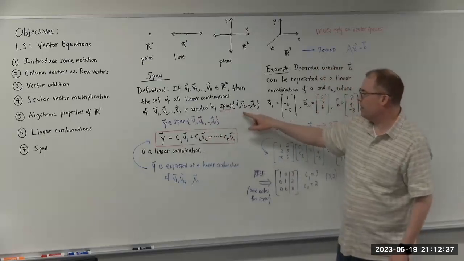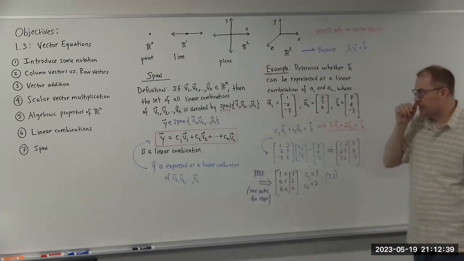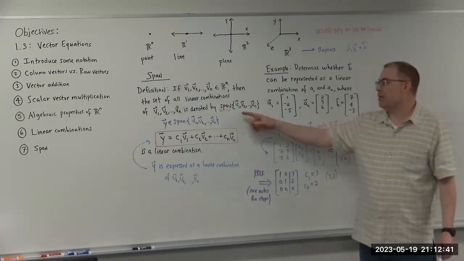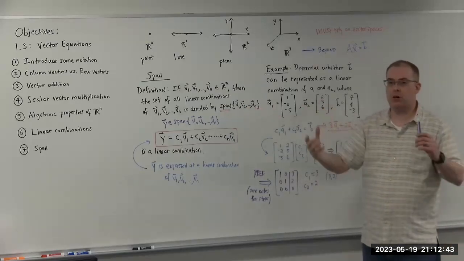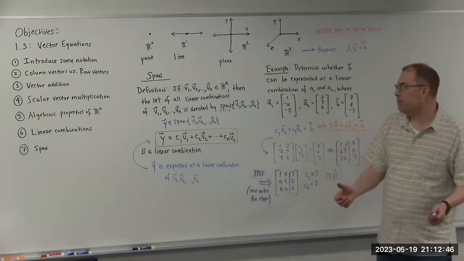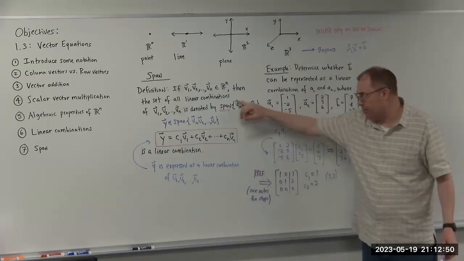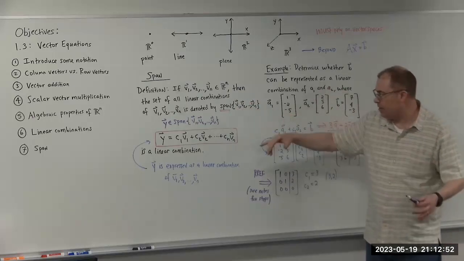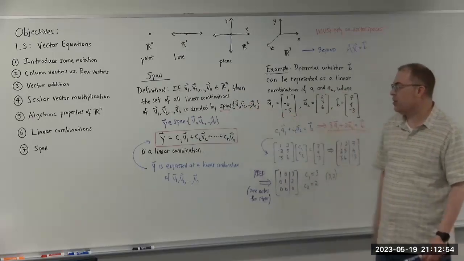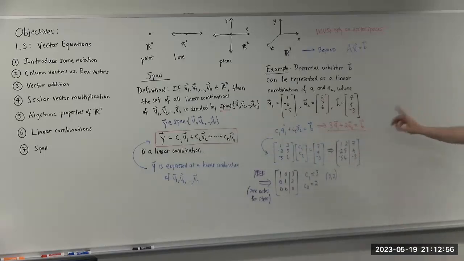In general, if we say span, that means this forms all the possible linear combinations. So this is just a set, and if a vector is in that set, that means it can be written as a linear combination of those vectors.